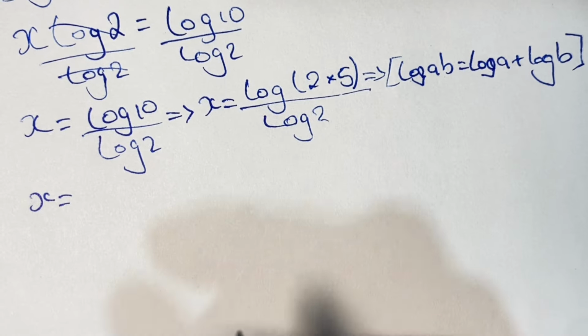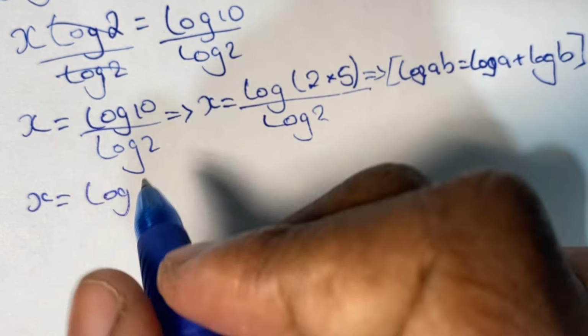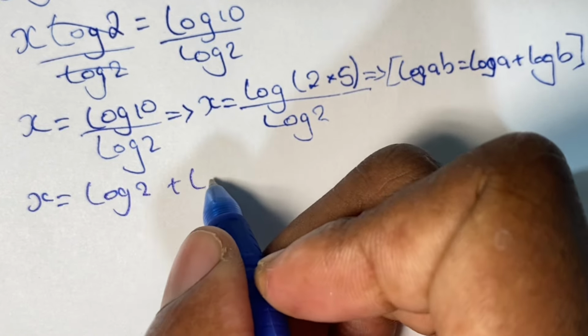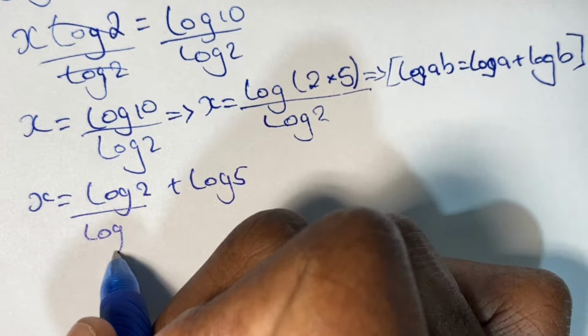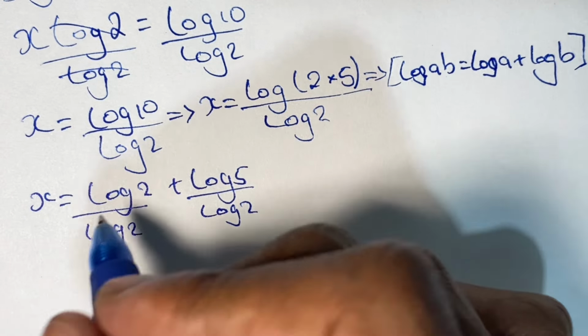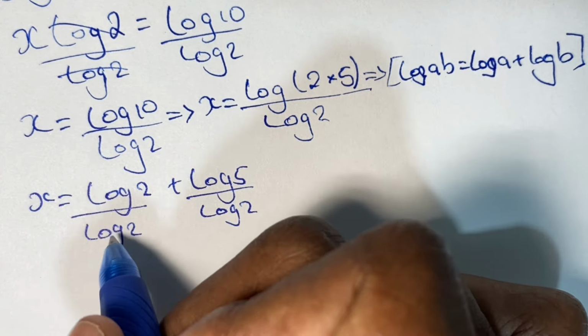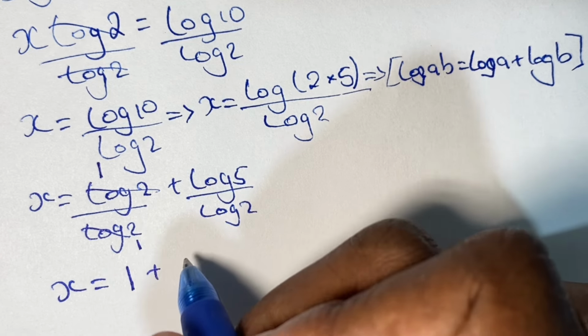Now in using this rule, it means that we could rewrite our equation as log 2 plus log 5, and we could have log 2 over log 2, and we would have log 5 over log 2. So now log 2 over log 2 is just one whole. So that means that x is equal to 1 plus log 5 over log 2.